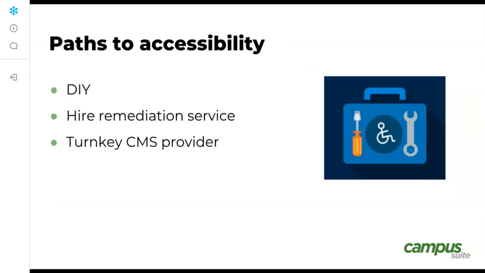So how do you get there? There are three main roads. You can do it yourself. You can hire it out, but it's not going to be cheap. All you have to do is Google website accessibility remediation. That's a key term being used, and you'll find pages of companies that will line up to convert your documents, obviously for a fee.